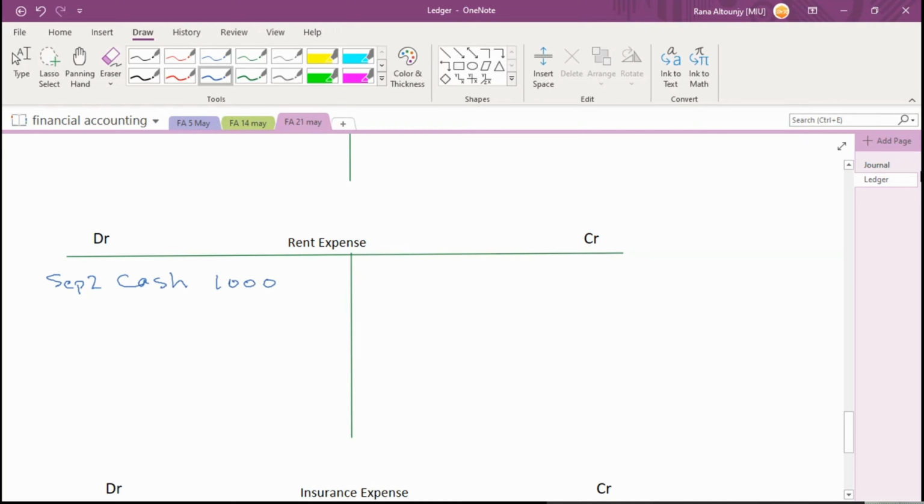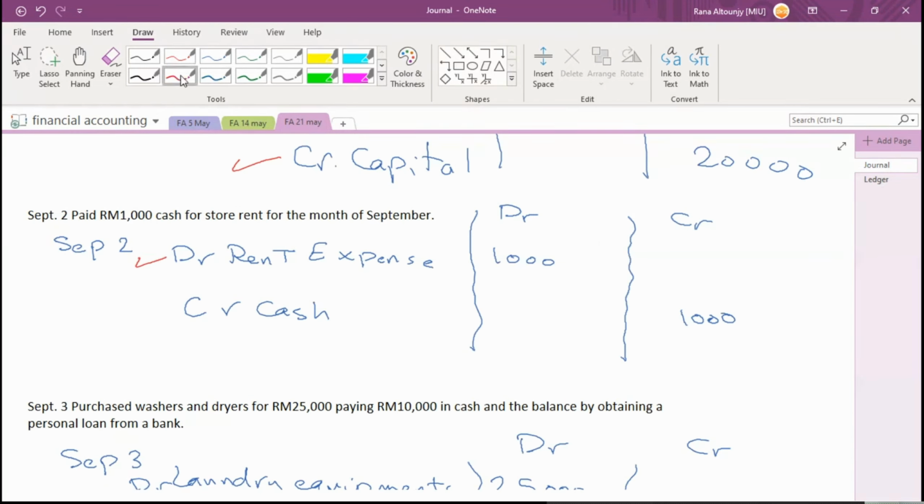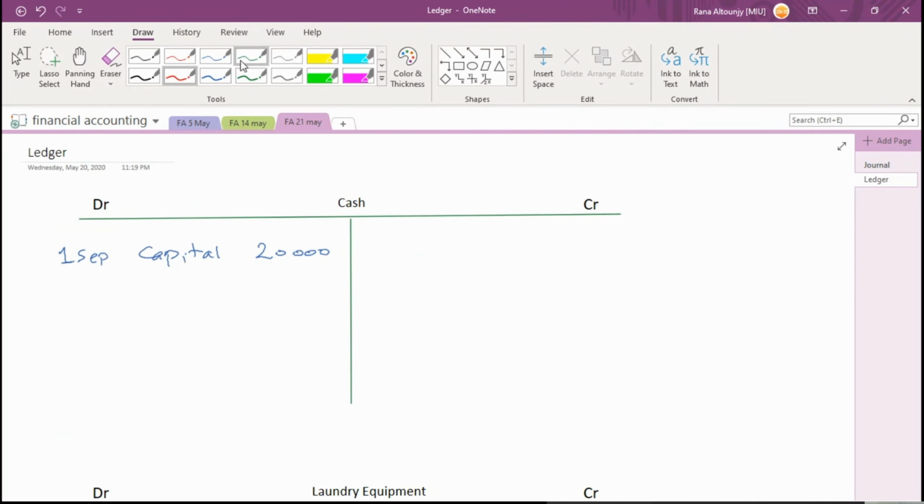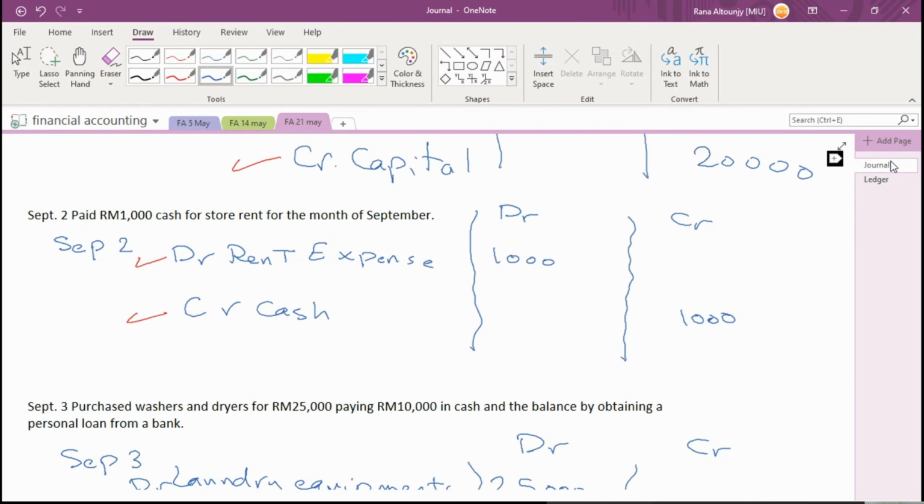Then to transfer the other side of the transaction, which is the cash, we go to the cash credit side because this cash is in the credit side. This is the cash account. We go to the credit side. We write the other side of the transaction, which is rent expenses.